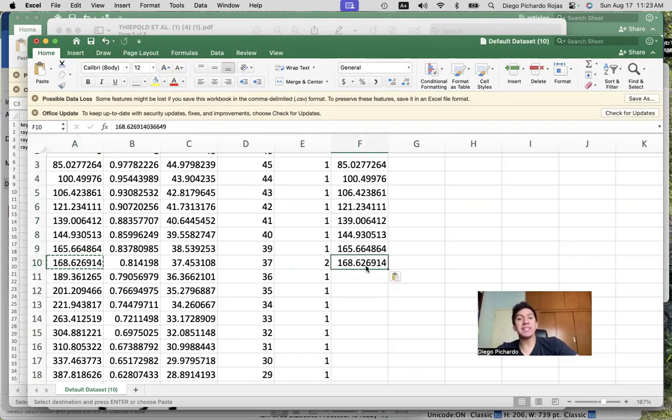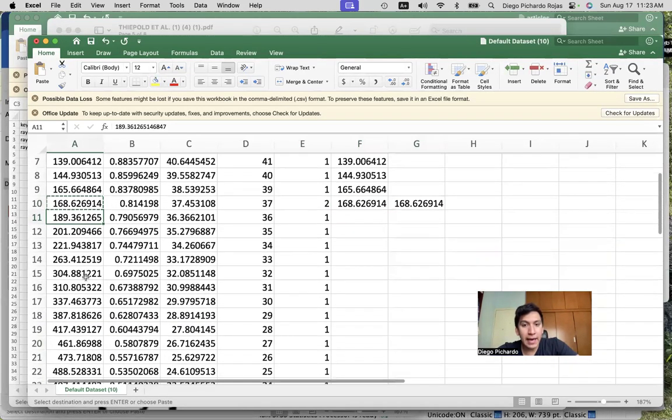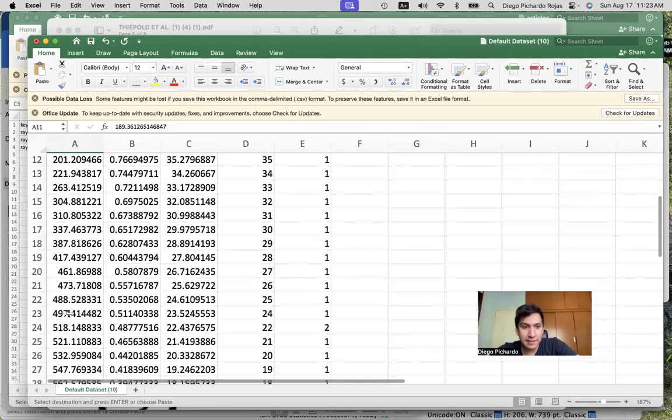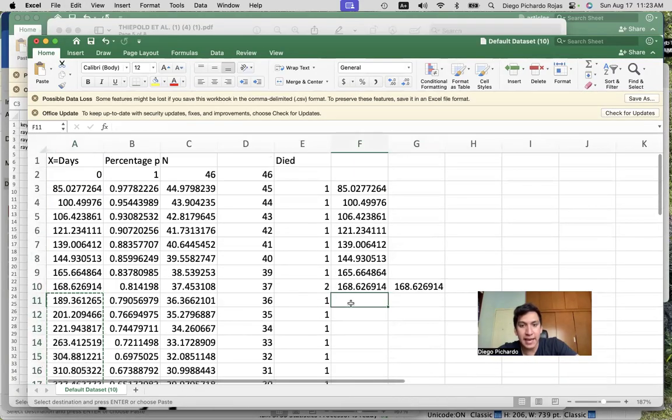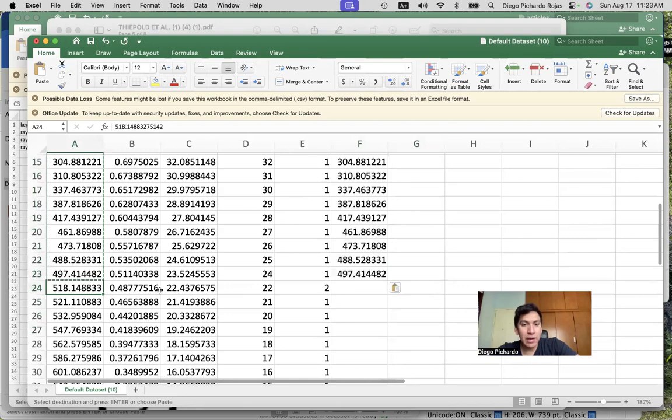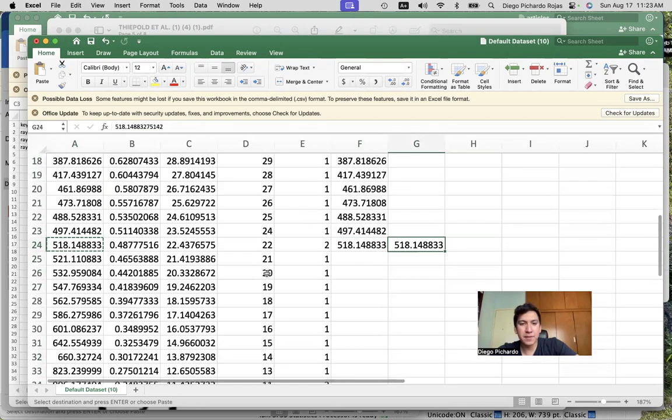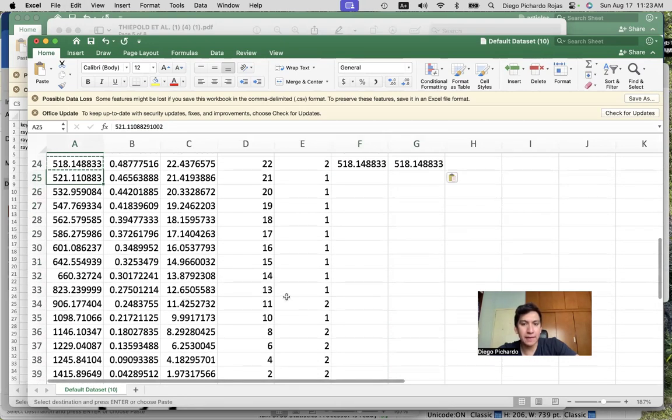Where 2 patients died, we're going to do a double copy paste, because now we know that 2 patients died, so we need 2 data points. All of the other days were single patient deaths. Here we have 2 deaths. Here we have a bunch of single days.